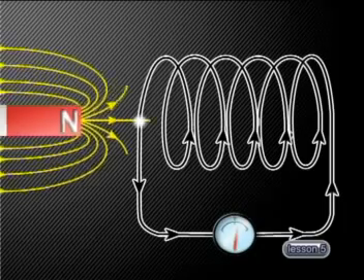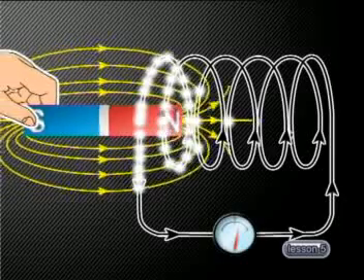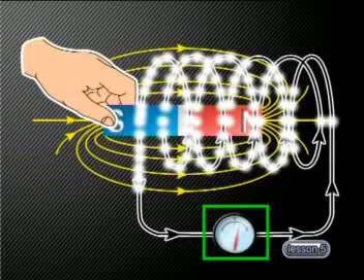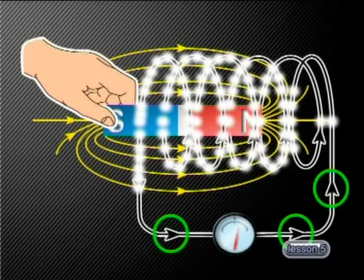Here's one explanation. See if you agree with this. When the north pole of the magnet is pushed into the coil, a positive reading is detected on the ammeter. This indicates that the direction of the current around the coil is in an anti-clockwise direction. But remember, whenever a current passes through a coil, a magnetic field is set up around the coil, and the coil becomes an electromagnet.